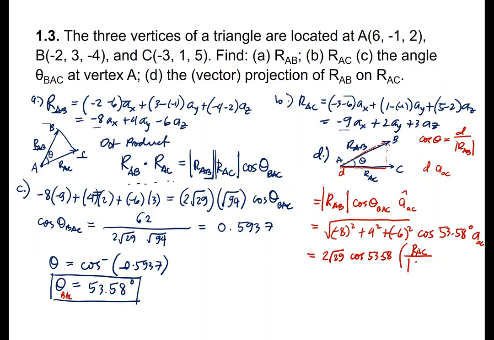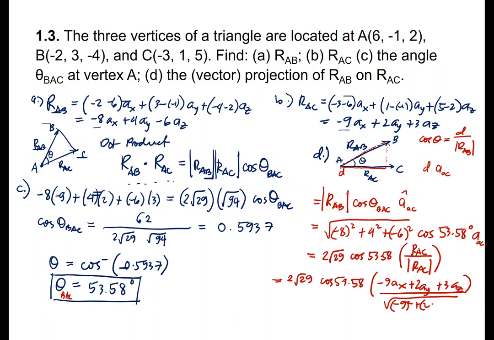So you have 2 square root of 29 cosine 53.58, multiplied by RAC, which is negative 9 AX plus 2 AY plus 3 AZ, divided by its magnitude, square root of negative 9 squared plus 2 squared plus 3 squared.